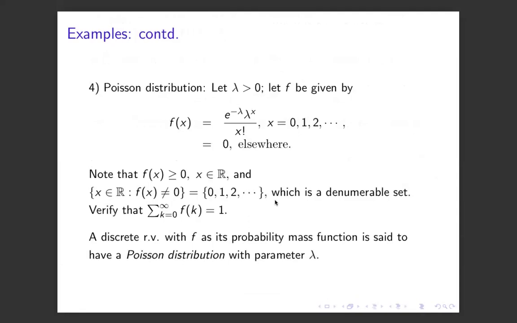The Poisson distribution. Let lambda be a strictly positive number, and let little f be given by f of x equal to e to the power minus lambda times lambda to the power x divided by x factorial, as little x varies over non-negative integers.